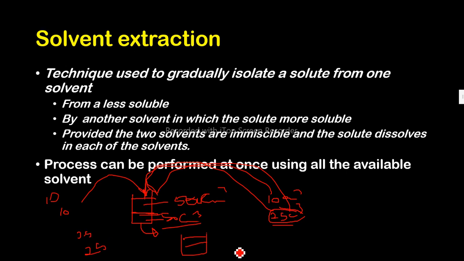Now the question is, in each of these, where do you expect to extract more of the solute: when you have used one large volume, like the whole 50, or where you have used portions of 25, 25 each?